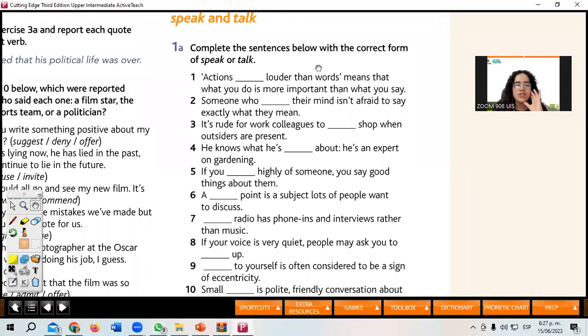So I want you to take some minutes to see if you know these phrases, or if you recognize when to use speak or when to use talk. For example, the first one is "actions speak louder than words." Las acciones hablan, dicen más que las palabras. This means that what you do is more important than what you say.